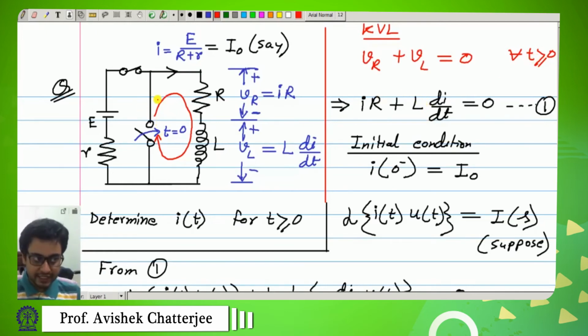This system is created at time 0 by closing this switch. Before this the system was not there, or some other system was there. So physically, taking the two-sided or bilateral Laplace transform on this differential equation is meaningless.